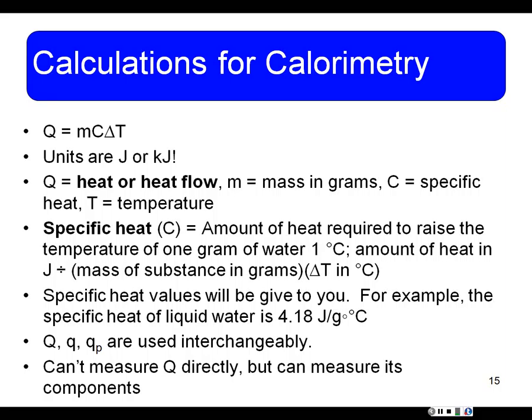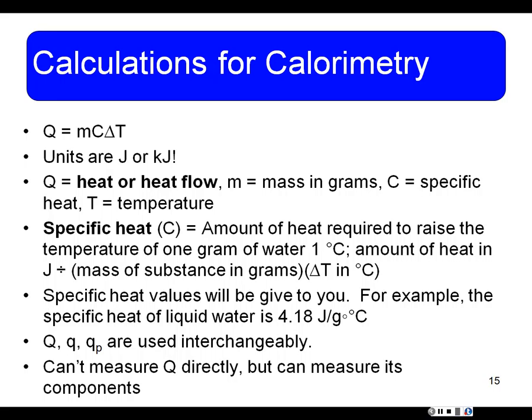I've got the definition here: it's the amount of heat required to raise the temperature of 1 gram of water by 1 degree C. What we do want to see here is that our units for specific heat are joules per mass times degree C.